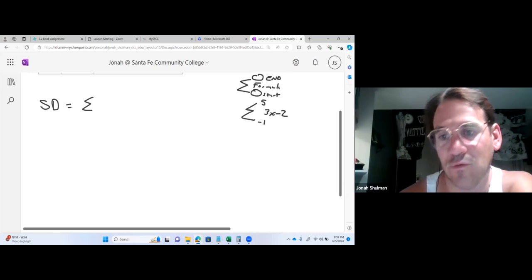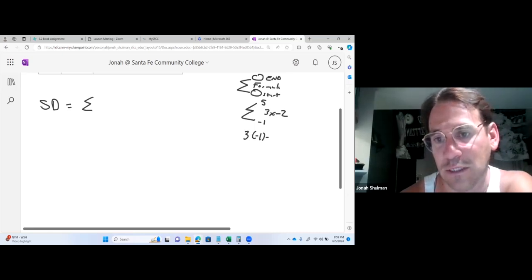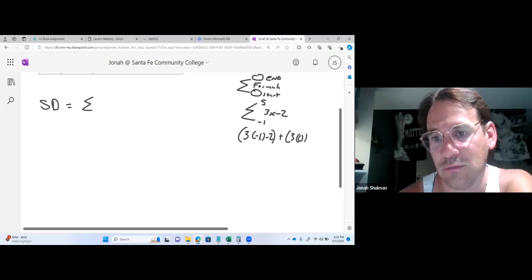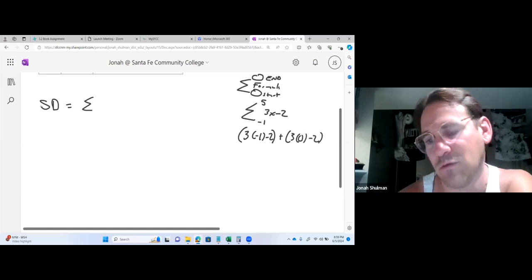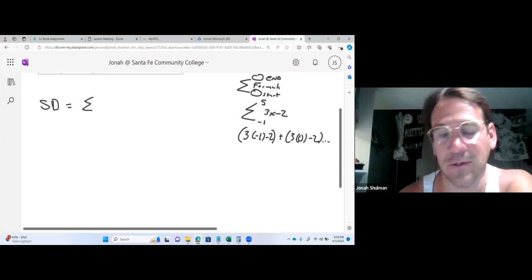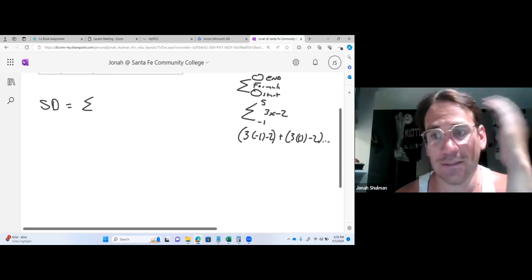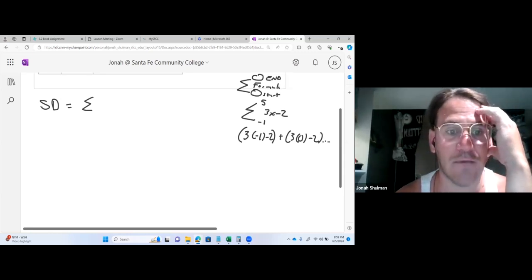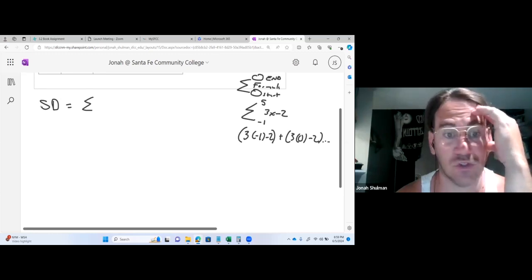You would put -1 in. It'd be 3 times -1 minus 2. That's the first one. Plus 3 times 0 minus 2, and all the way up until 5. So that's really what the summation means. It's adding up whatever's in here. For stats, we don't really have these parameters because it's just assumed, but usually there are numbers here and here.